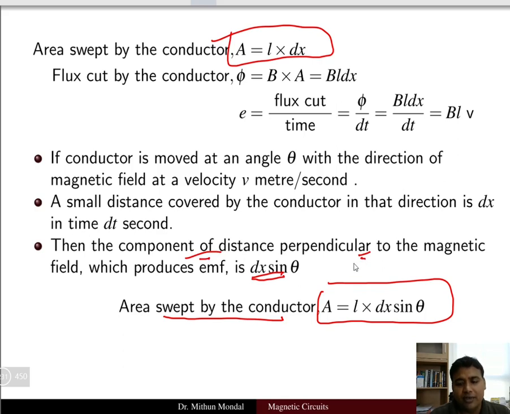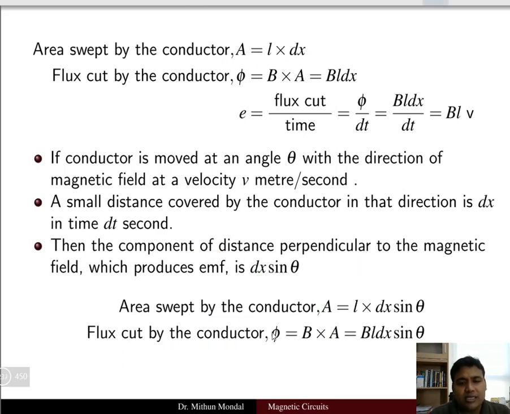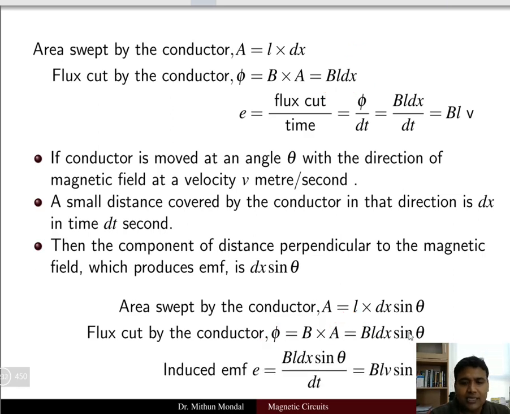Now in this case, if you obtain the flux, which is B into A, similarly to whatever we have done here, you substitute the value of the magnetic flux density and the area you have got here, then you will get BL dx sine theta.